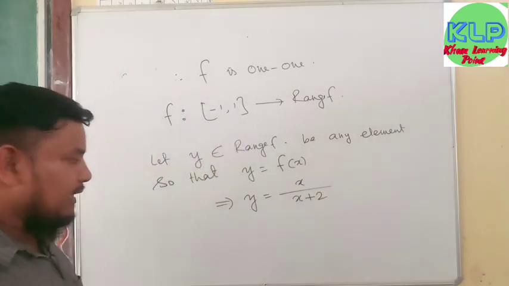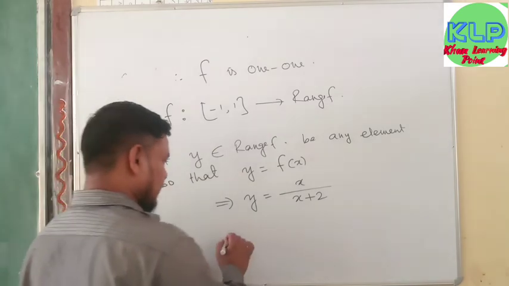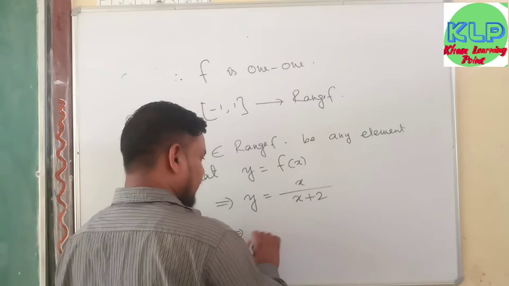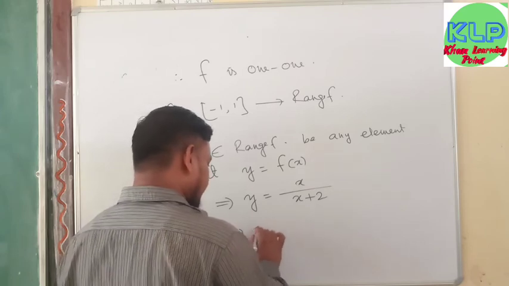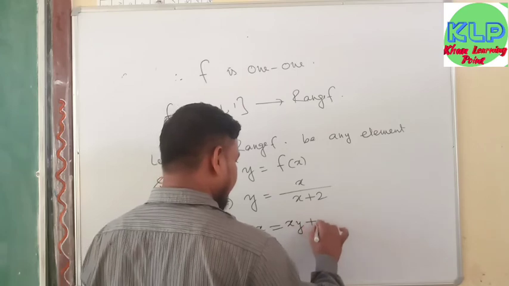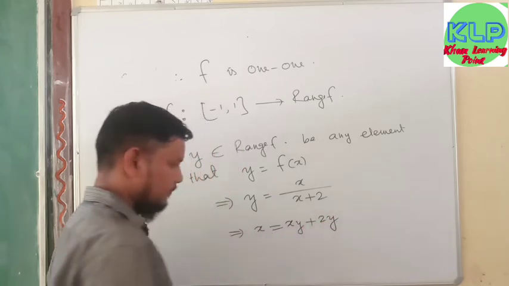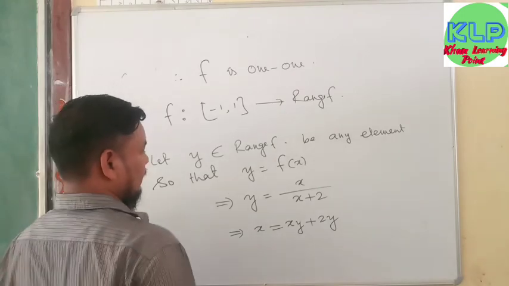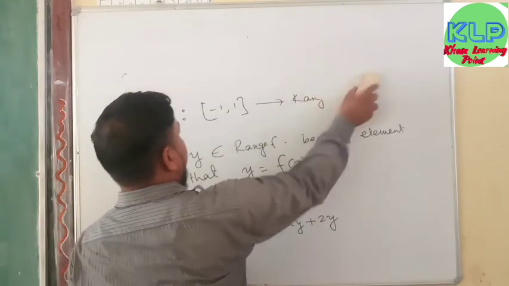Now we need to find the value of x in terms of y. Cross multiplying, we get x is equal to xy plus 2y.